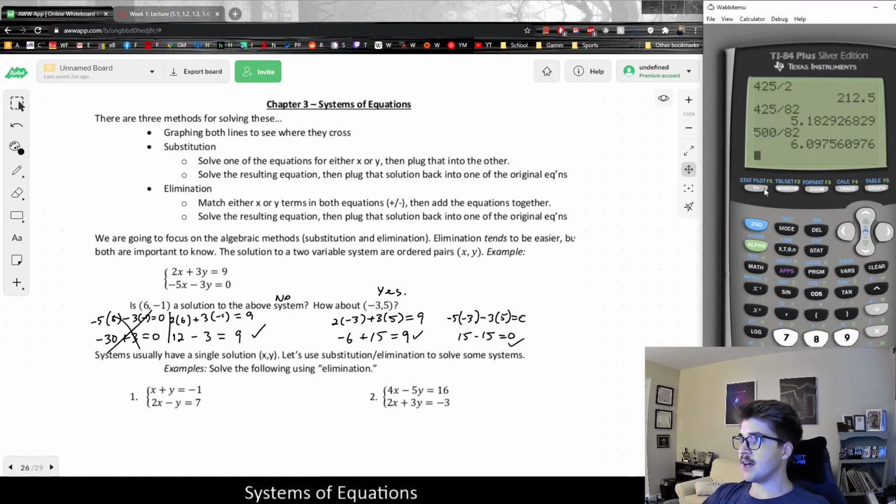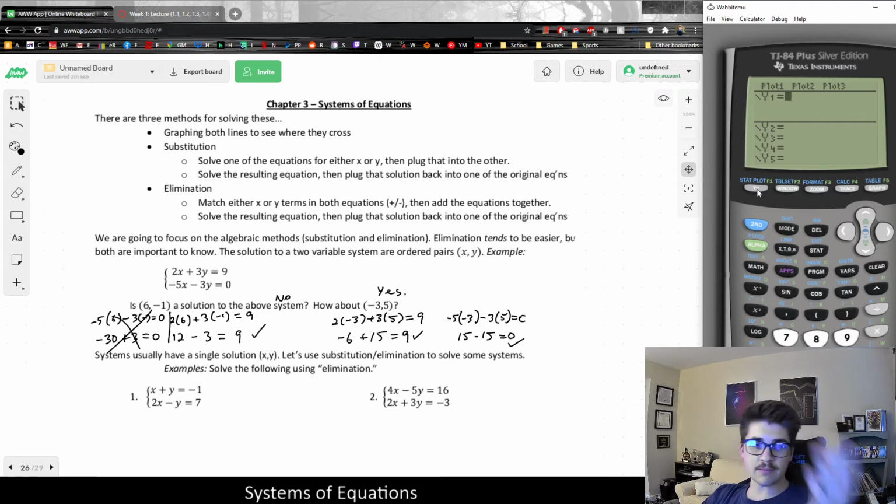Now, to graph such equations in a calculator, you need to solve for y first, because if you turn on your calculator and go to y equals, at least on a TI-84, it's expecting the equation to be solved for y, aka in function form.